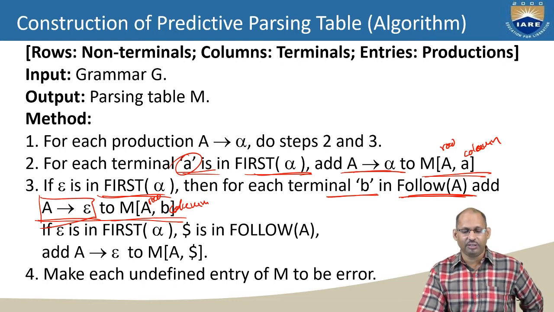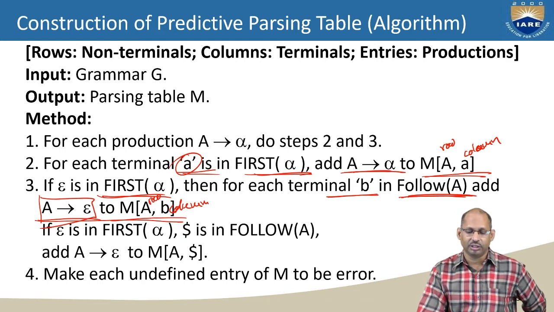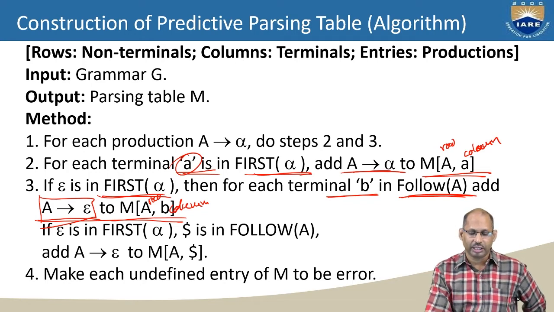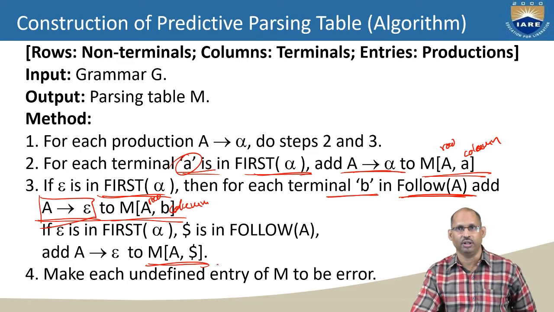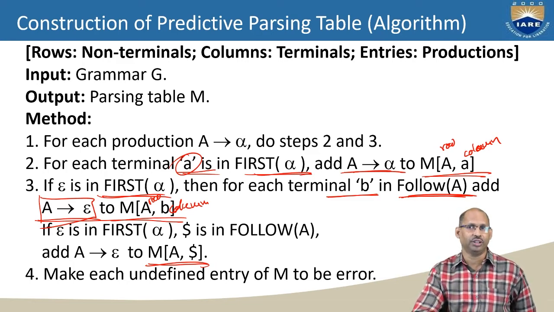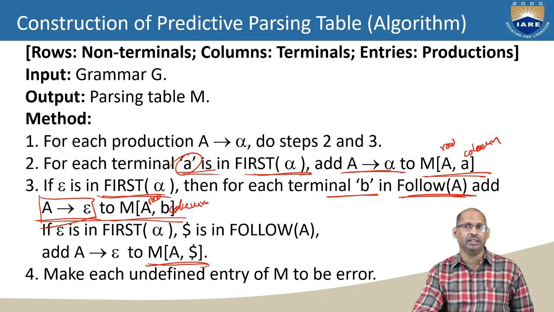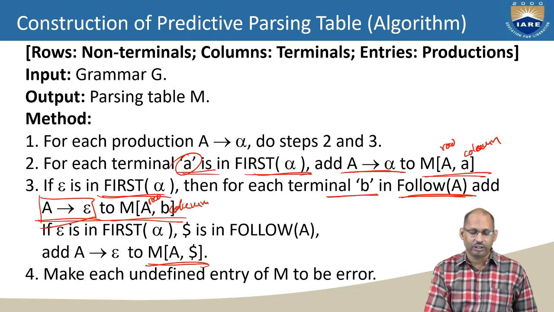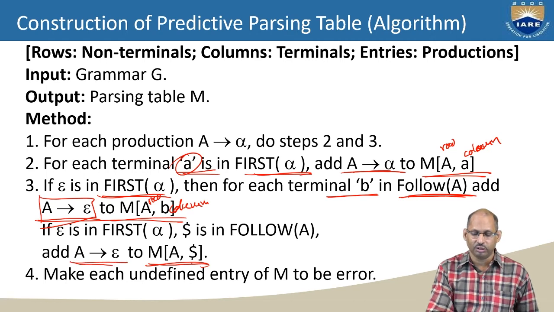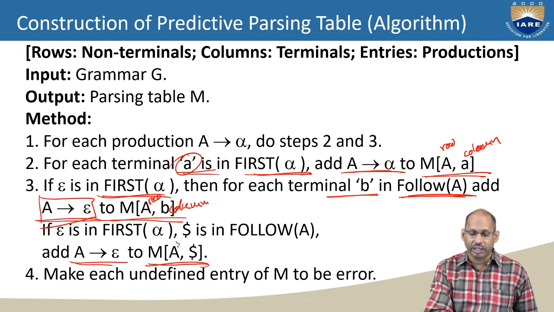If epsilon is in the first of alpha, and dollar sign is in the follow of A, we add A gives epsilon to M[A, $]. Right? We add A gives epsilon to A row and dollar column.